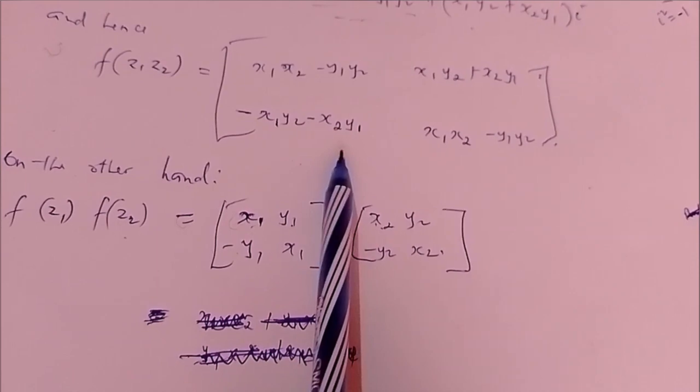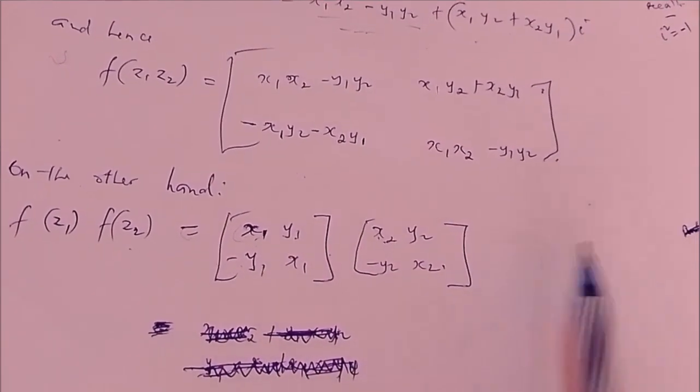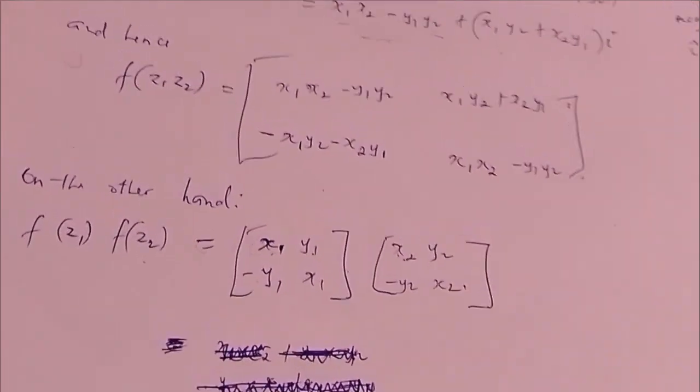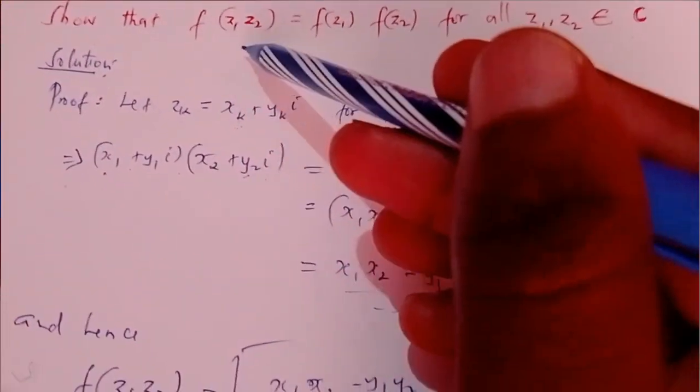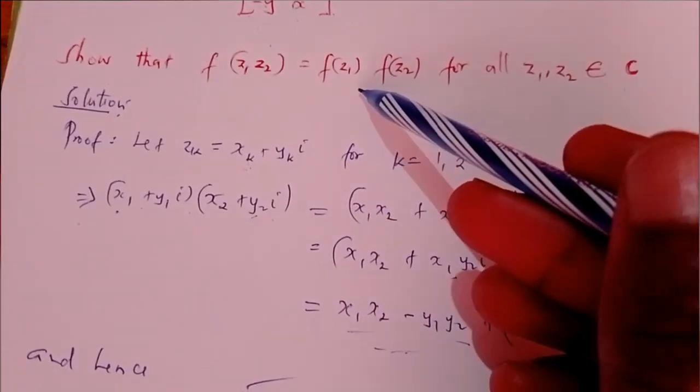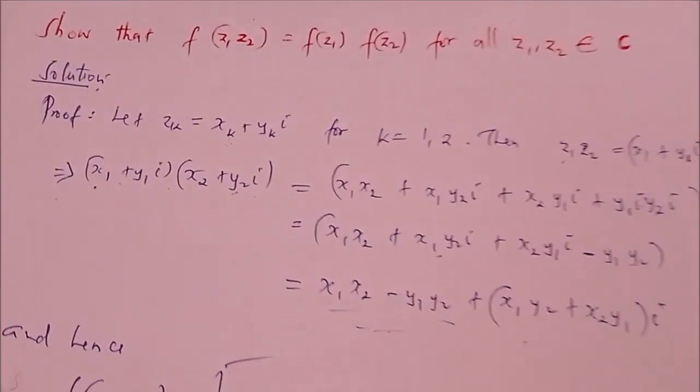At that point you can see that this one and this one are similar. So we have shown that f(z1 z2) is equal to f(z1) f(z2), as you have seen.